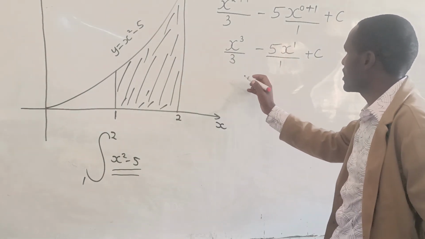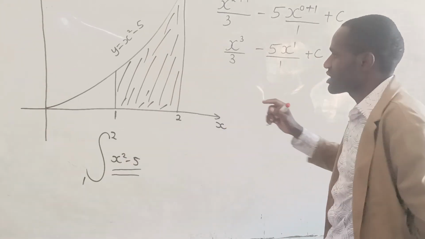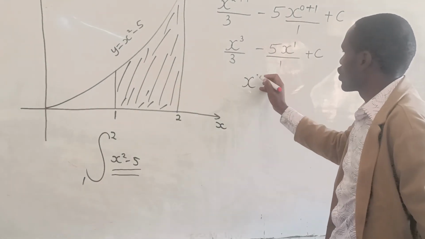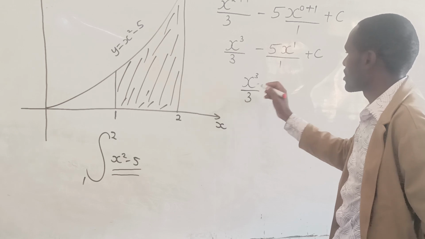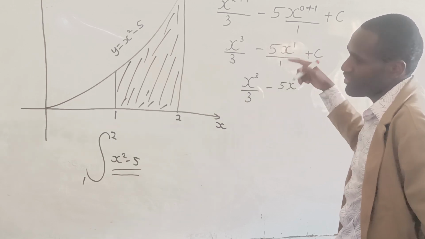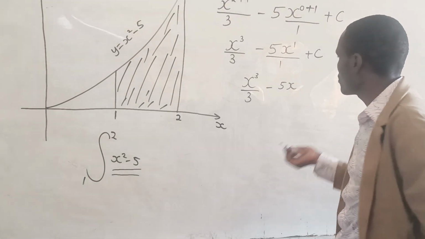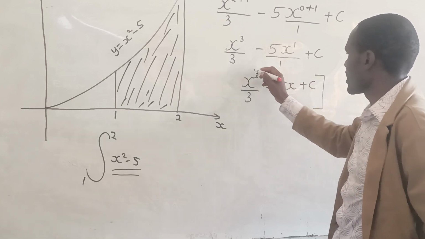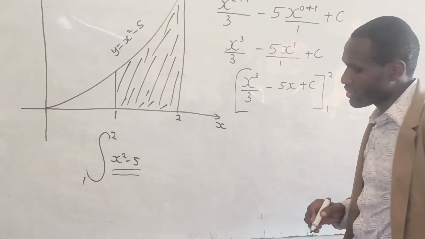We now say the limits given are 2 and 1. So that gives us x cubed over 3 minus 5x, because 5x raised to 1 is the same as 5x, and dividing by 1 still gives 5x, plus c. We use these brackets to write the limits, 2 and 1.